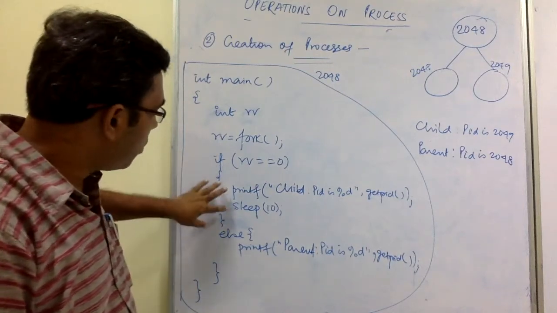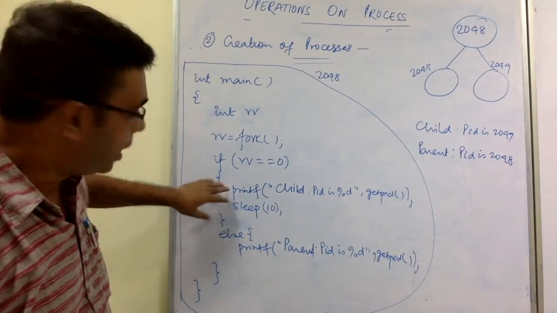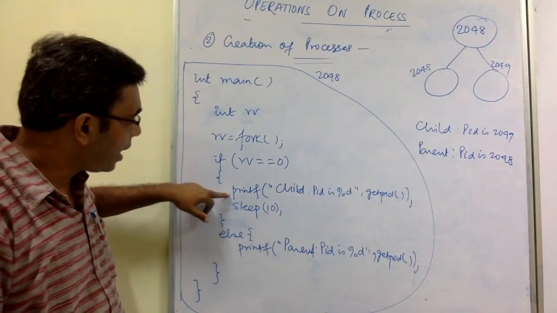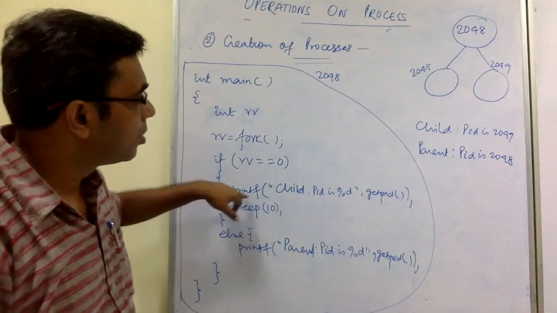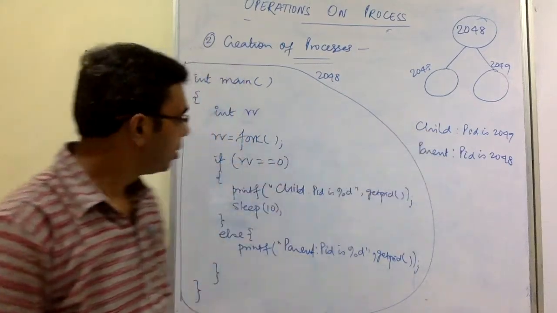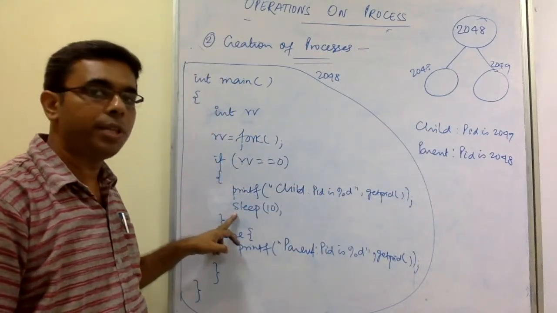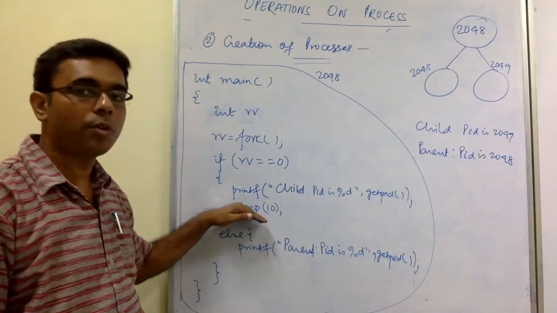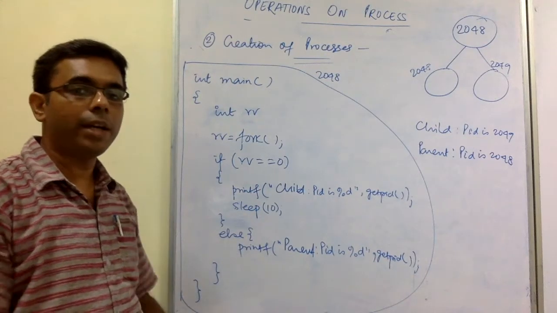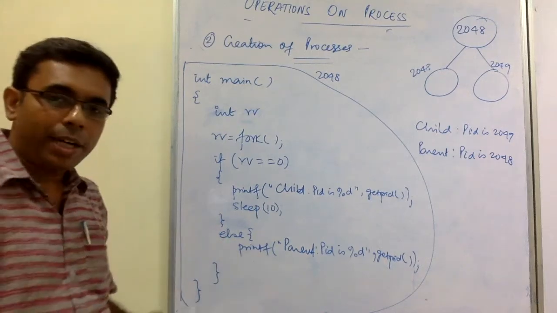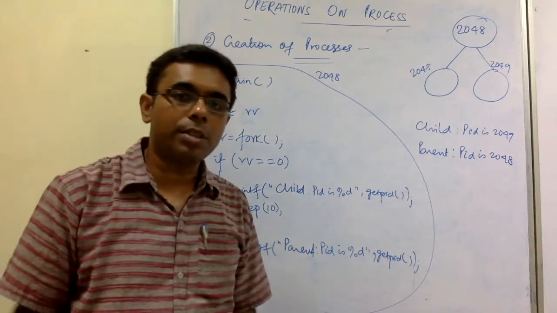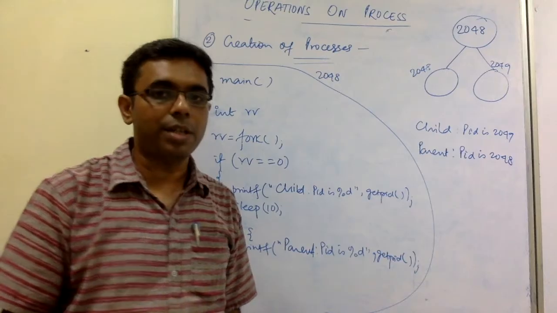So let's say if you are in the child process, then the child will start executing from this line and will print this statement, and then it is put to sleep by using this system call sleep. So the child is put to sleep. The moment the child is put to sleep, obviously the control transfers to the parent and the parent starts executing.